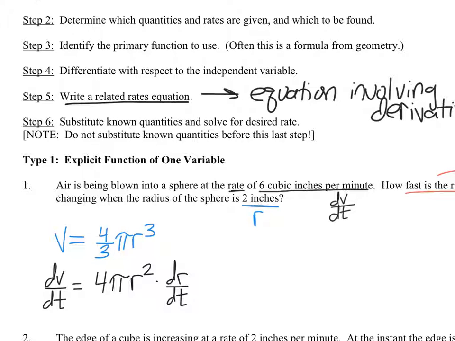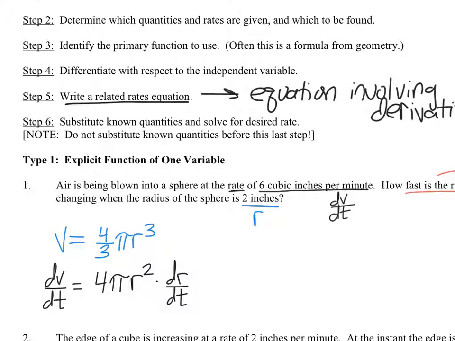Here we don't, but we have to assume that there is some r equation out there in terms of time. And so when I take the derivative, I also have to take the derivative of that inner unknown function, right? So it's 4/3 pi times something cubed. By the chain rule, that becomes 4 pi times that something squared times the derivative of the something, all right? So that's really all we're doing here, just applying the implicit concept to multiple variables within the same equation.